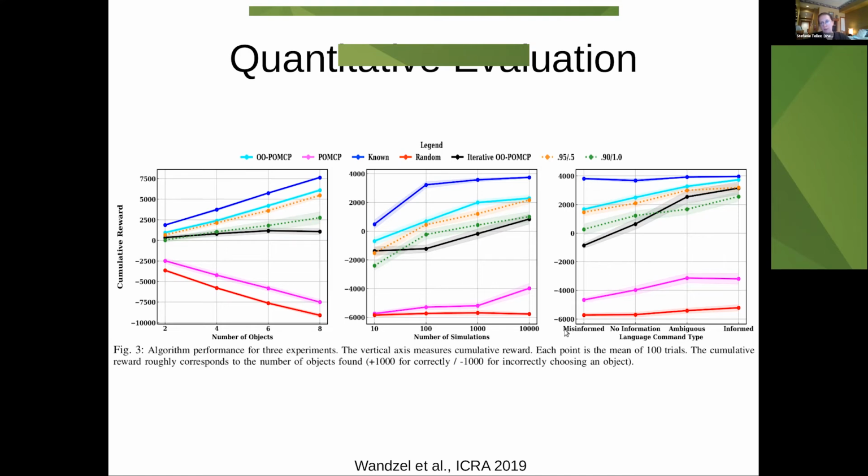What you expect is that you get more reward the more information you get from language, so the graphs are all trending upwards. But the worst performing algorithm is random, where you're just randomly wandering around the environment, hoping to find the object.